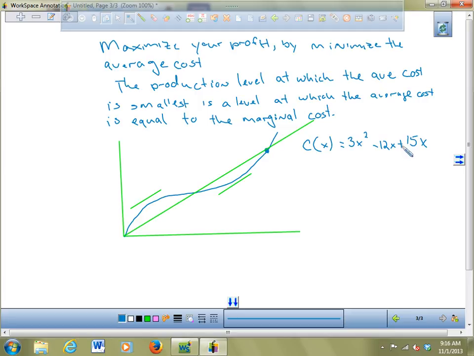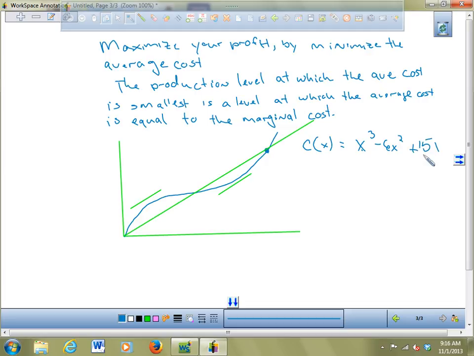I'm not sure how they come up with those, but apparently... sorry, I messed up. The cost equation is a cubic equation, and the one they give you is x cubed minus 6x squared plus 15x.